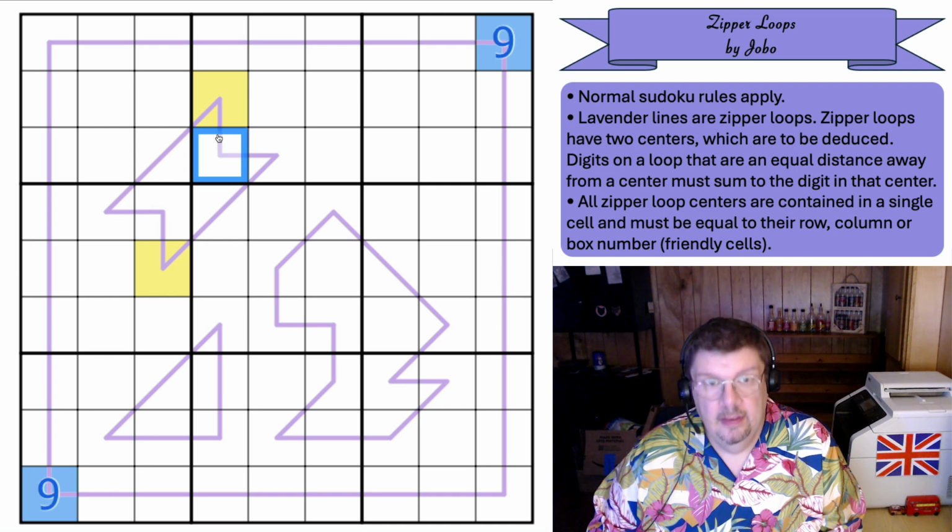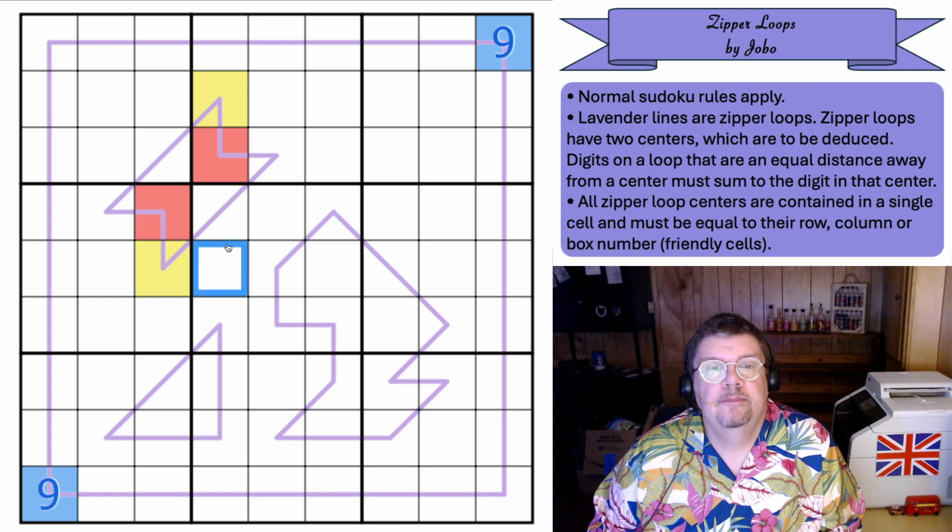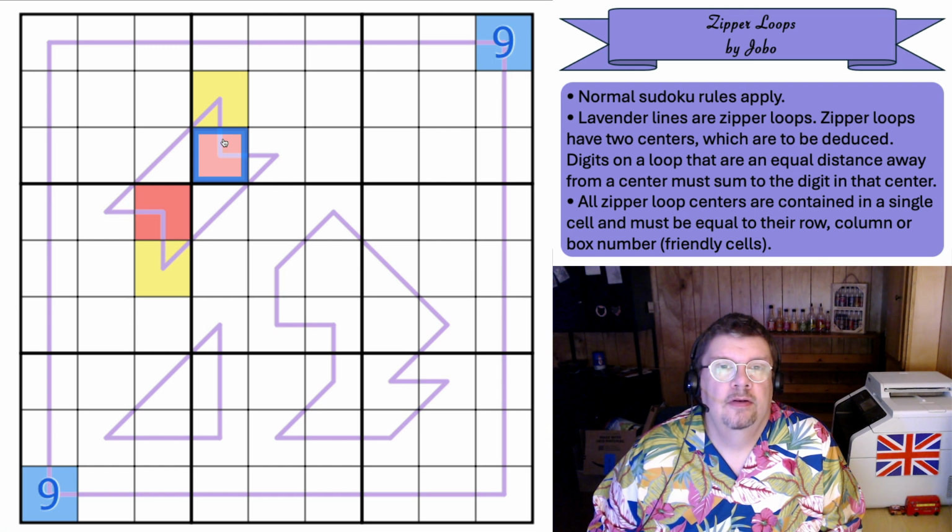All right. Let us consider that pair. That is in row 3, box 2, and column 4. This is in column 3, row 4, box 4.